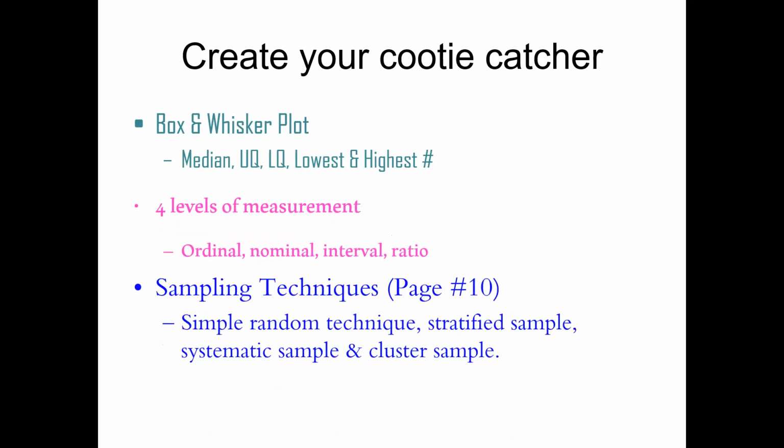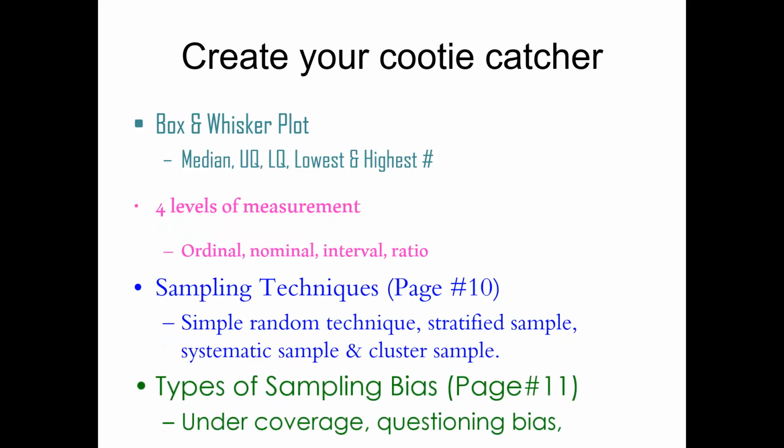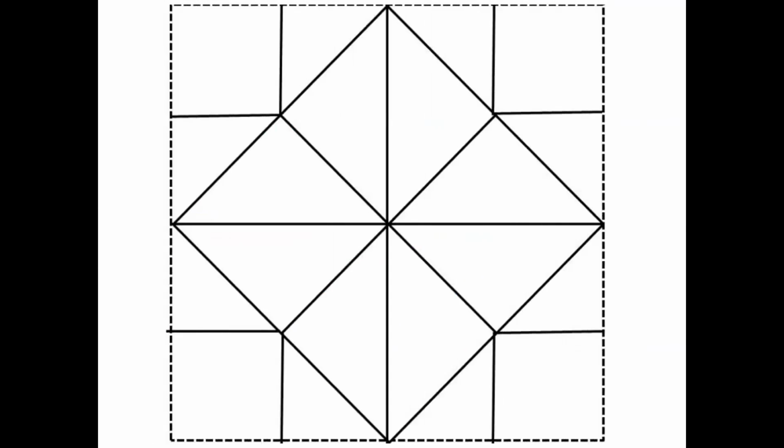Or you could do sampling techniques, which are on page 10 of your guided notes: simple random sample, stratified sample, systematic sample, and cluster sample. Or the 4 different sampling biases, like undercoverage, question bias, etc., which are on page 11. So you're going to grab this and make your cootie catcher on any of those topics.